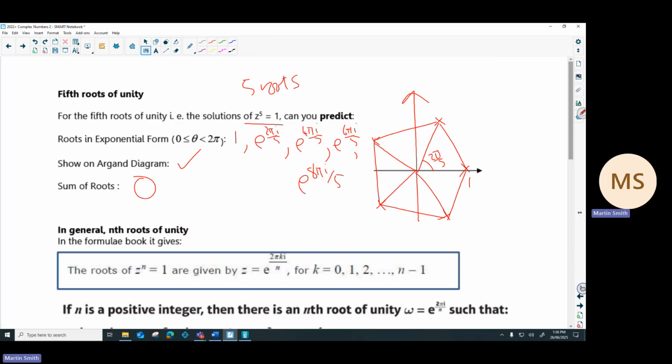Now, in general, the nth roots of unity, meaning the solutions of z to the n is 1, can all be written down in this way. The first solution is going to be z equals 1.